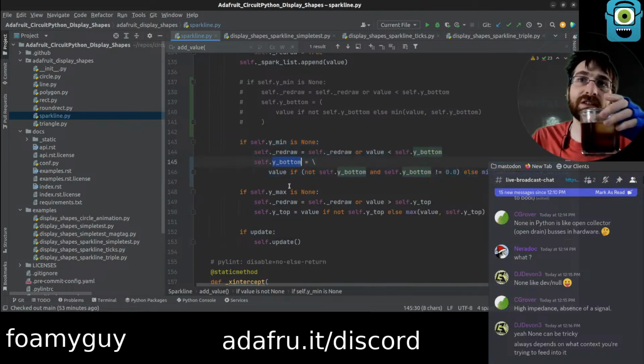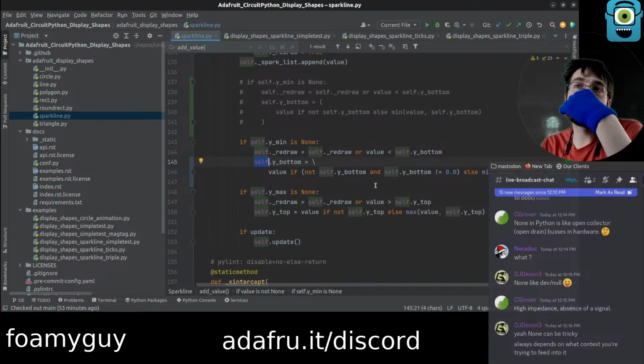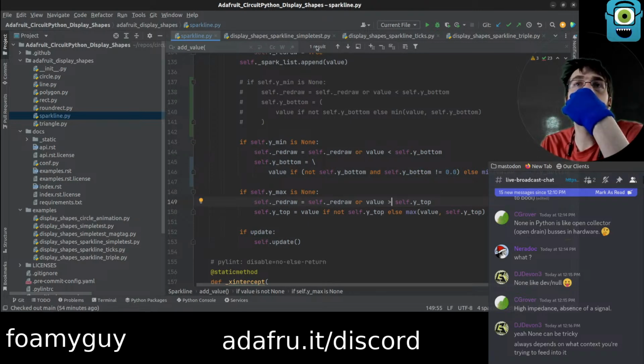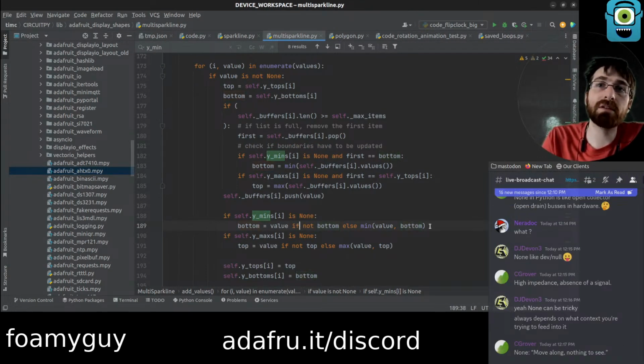So the difference, I guess, is that we are using y-bottom, which is on self here, as opposed to just bottom, which is just a variable not on self. But this is checking the same variable here. So not bottom, and then it is checking the same variable to see if it's not equal to 0. So in this one, that would be not bottom and bottom not 0.